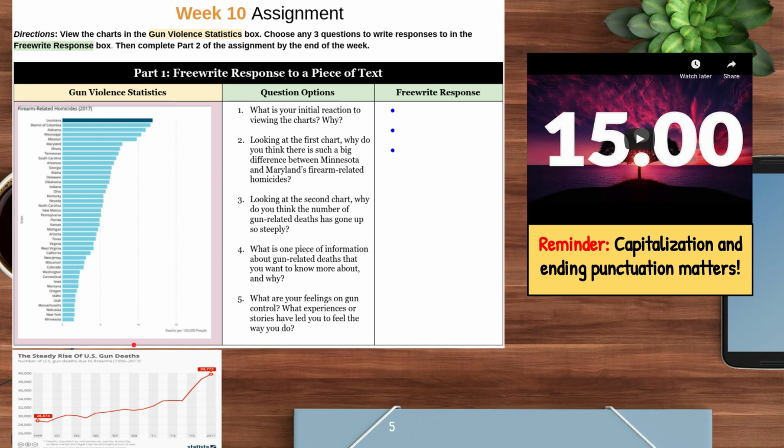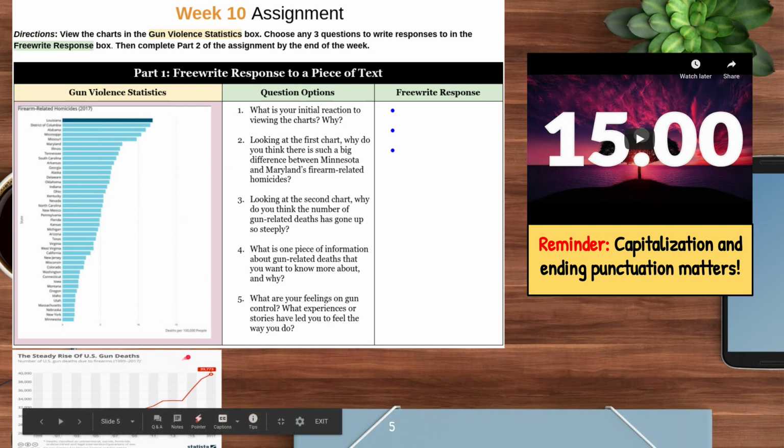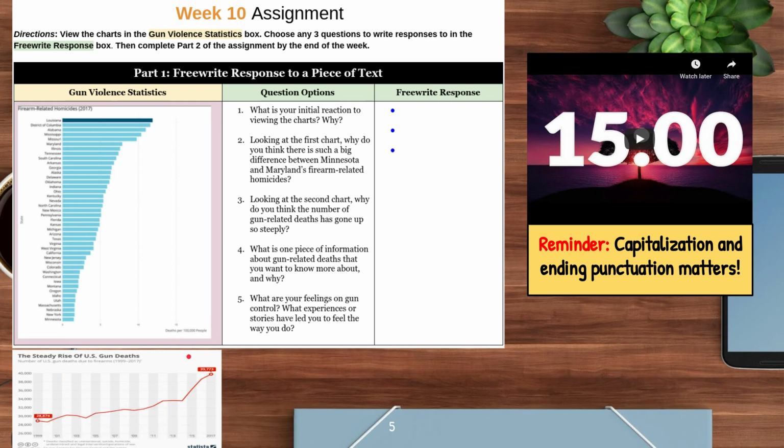Number 3, looking at the second chart, why do you think the number of gun-related deaths has gone up so steeply or so much? Number 4, what is one piece of information about gun-related deaths that you want to know more about and why? And then number 5, what are your feelings on gun control? What experiences or stories have led you to feel the way that you do?